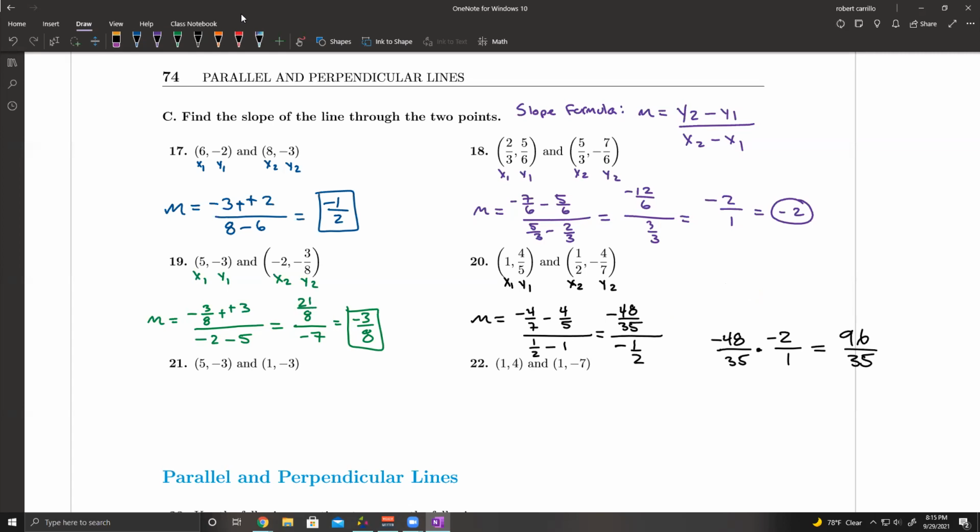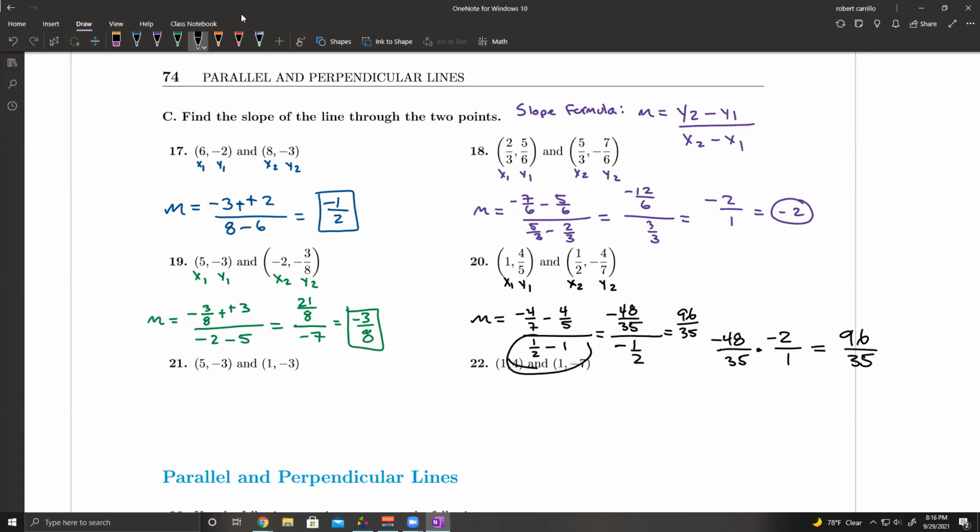Okay, back to the beginning where you did the 4/7. Did you put the 1/2? Oh, should that have been? No, that was good. Yeah. What's up? Yeah, when you first started, you said negative 4/7 minus 4/5. On the bottom, you had 1/2 minus 1. Did you just put the 1/2?